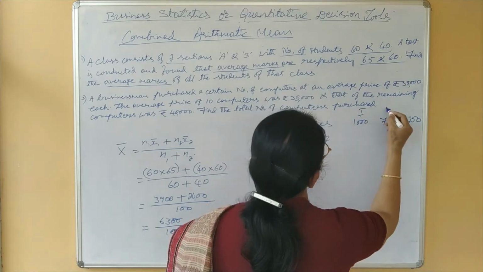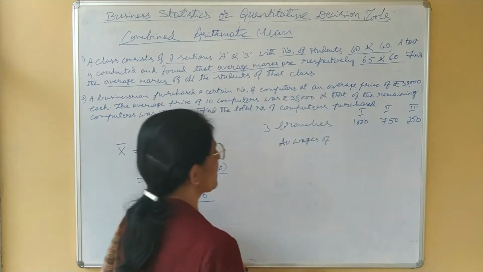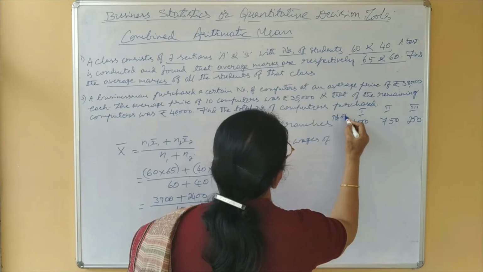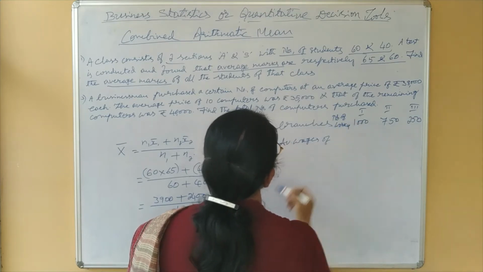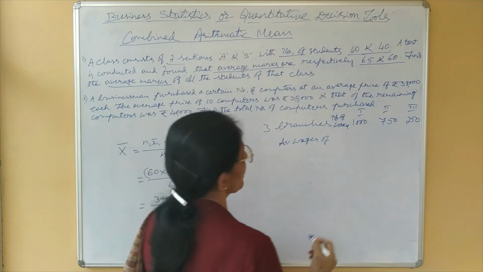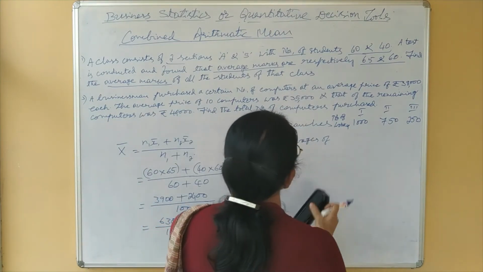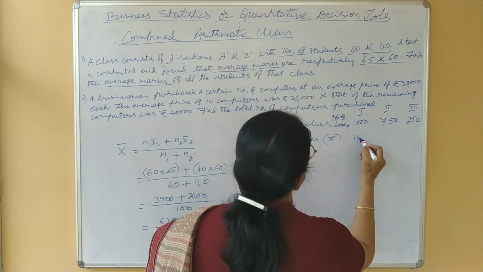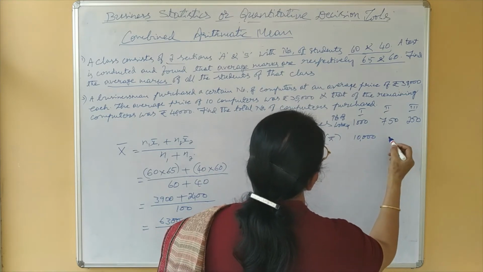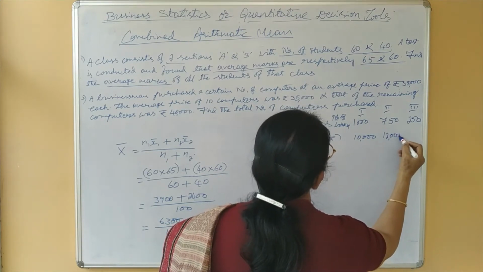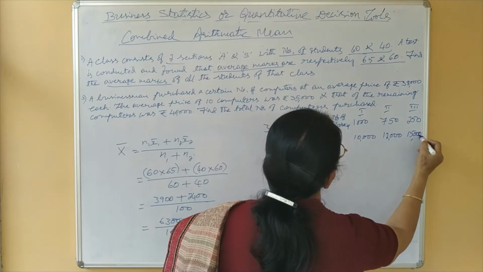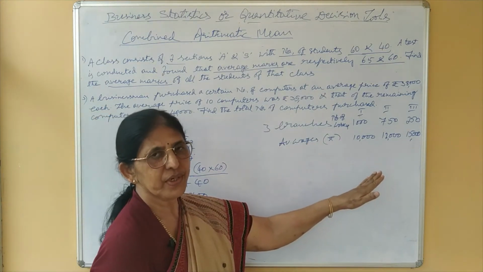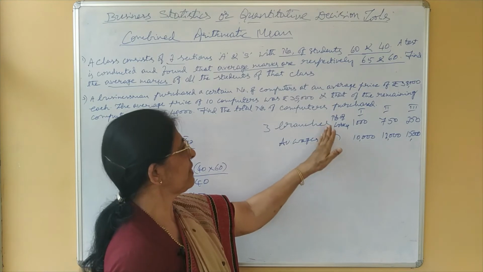These are the number of workers. Then the average wages of those workers may be given in rupees. It may be assumed the average wages are 10,000 rupees in branch 1, 12,000 rupees in branch 2, and 15,000 rupees in branch 3.